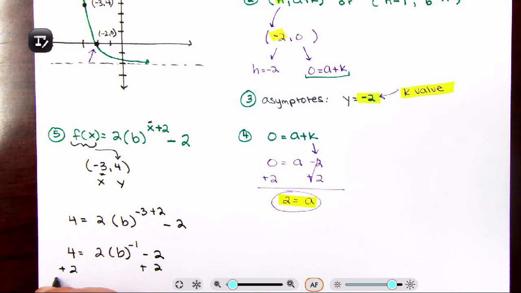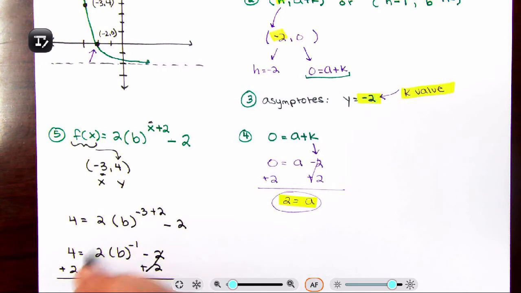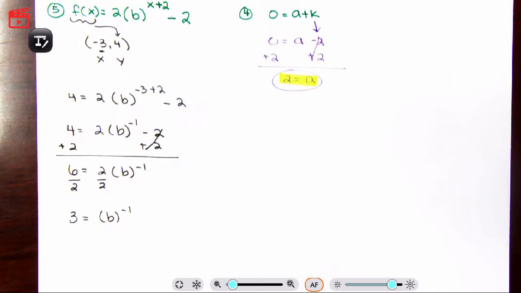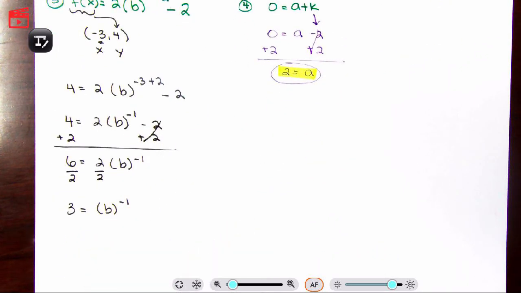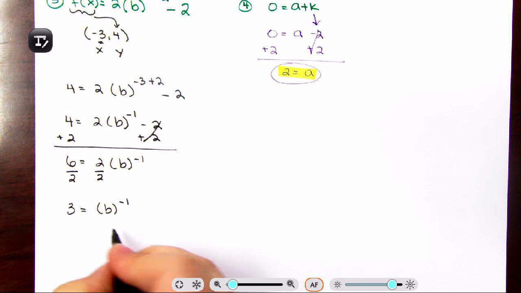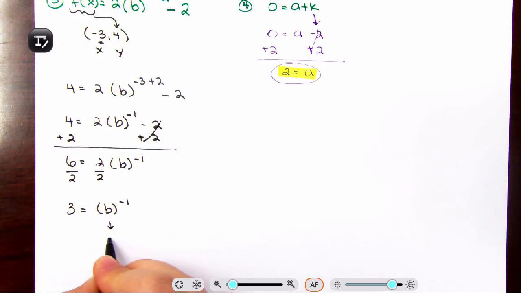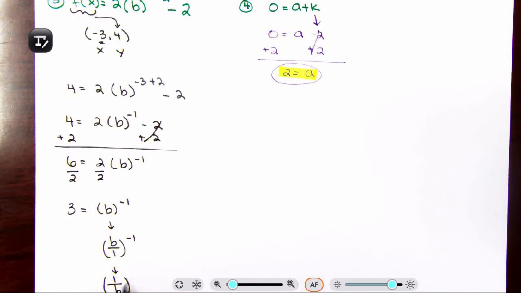I want to get rid of everything attached to my base with the exponent. I'm going to divide by 2, divide by 2. In this case, I have 3 is equal to b to the negative first power. This right here, b to the negative first power, that means you create the base as a fraction, and then you flip the fraction and remove the negative.